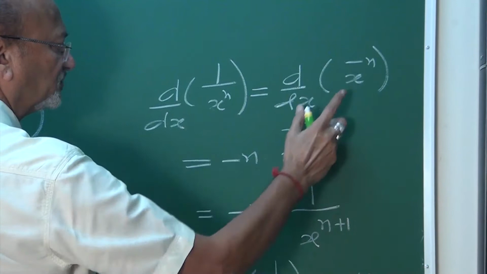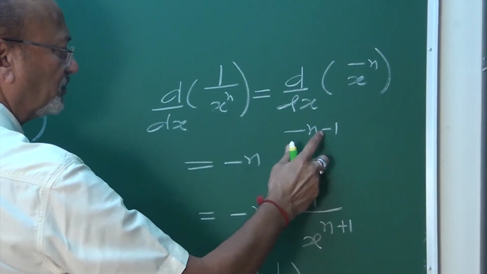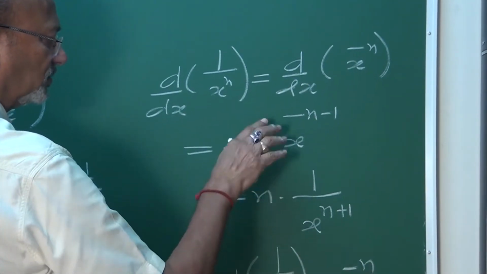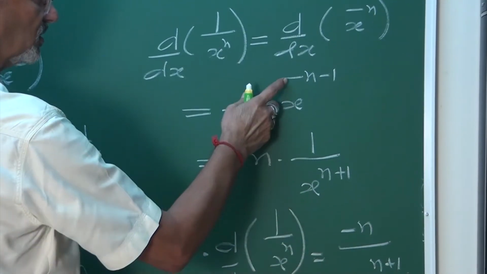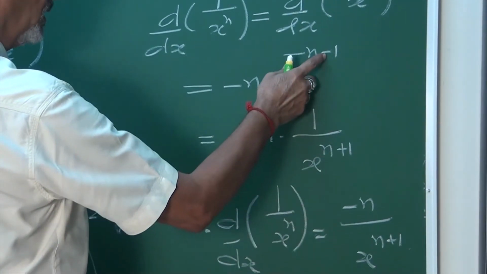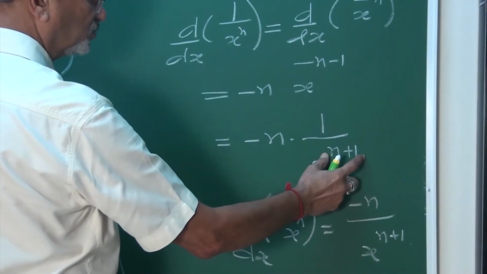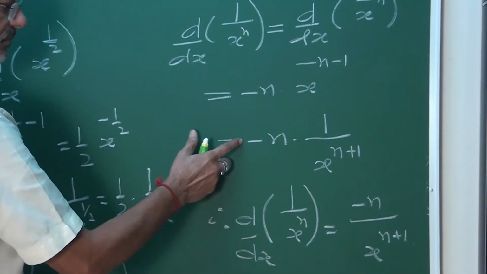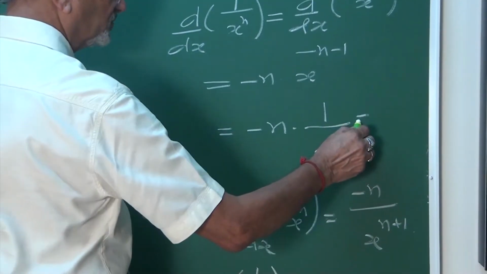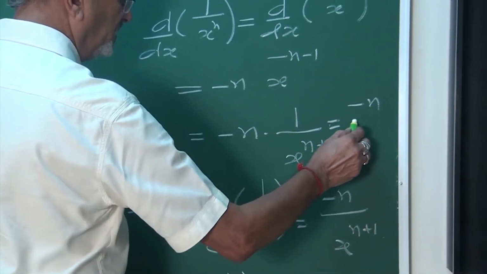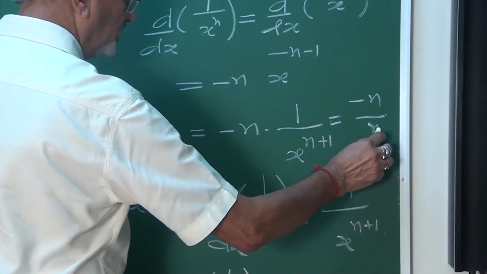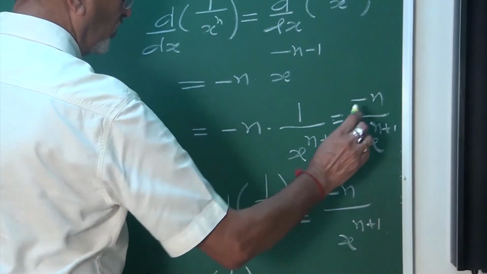Your power is minus n. 1 less means minus 1. Once again, my friends, push it down. X to the power minus becomes plus n plus 1. So, it is what? Minus n upon x to the power n plus 1.